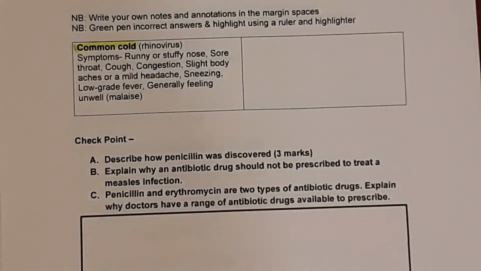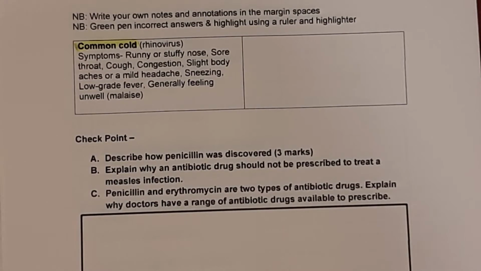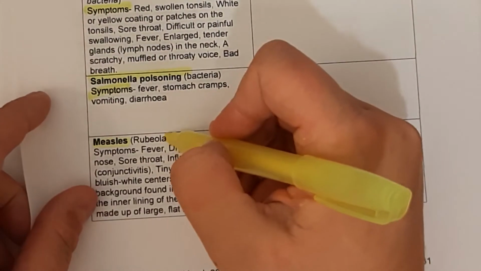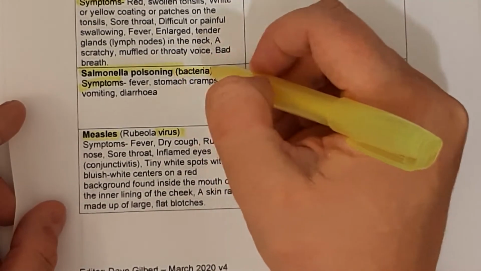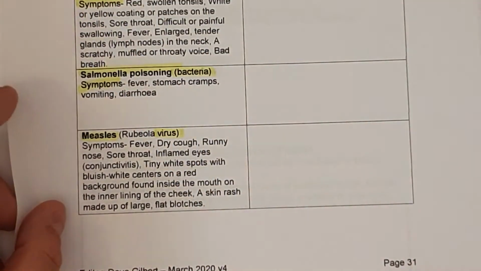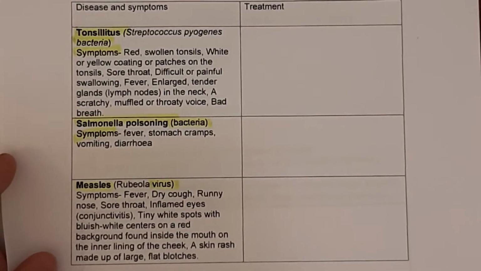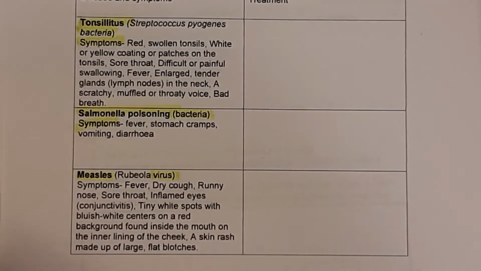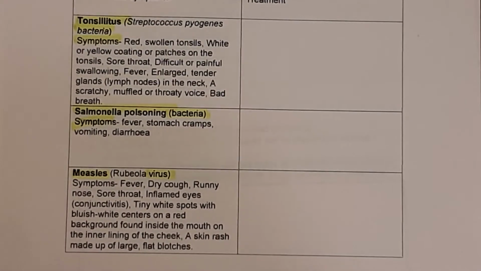Again, we're looking for treatment options here. And there are some clues because it says that common cold is a virus, measles is a virus, salmonella is bacteria, and tonsillitis is bacteria. So there are some suggestions already based on what we've learned about antibiotics and bacteria and viruses as to what kind of treatments you might or might not give. Okay, so pause the video whilst you complete that activity, please.